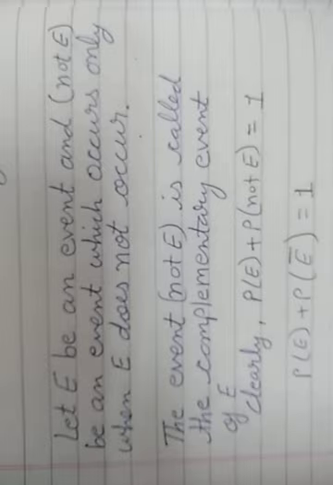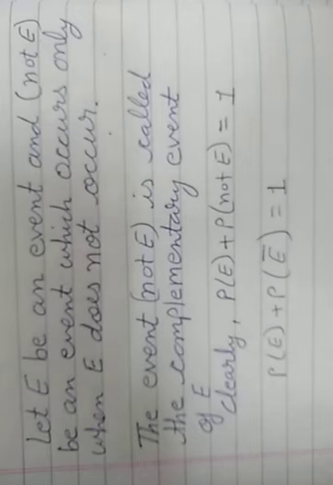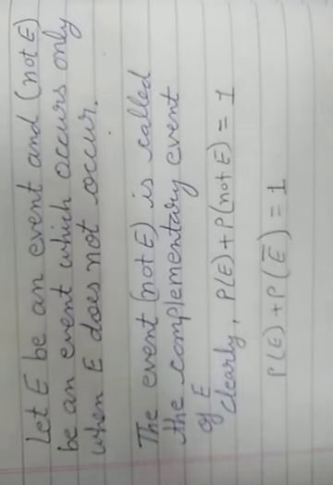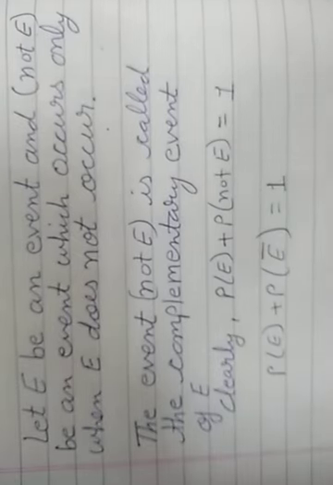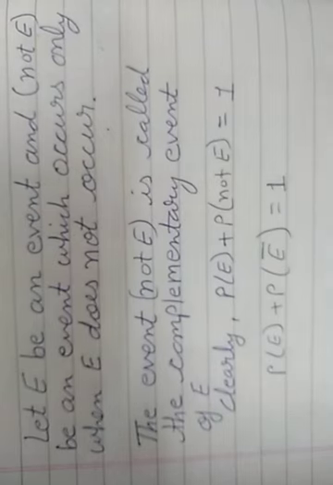The event not E is called the complement event of E. So clearly we can observe P(E) plus P(not E) will be equal to 1. We denote not E by E bar. The sum of the probability of an event E and the probability of not getting E is always equal to 1. We'll try to understand this with an example.